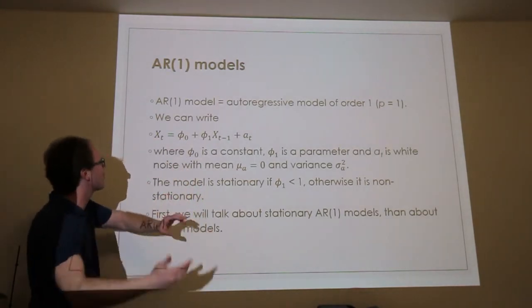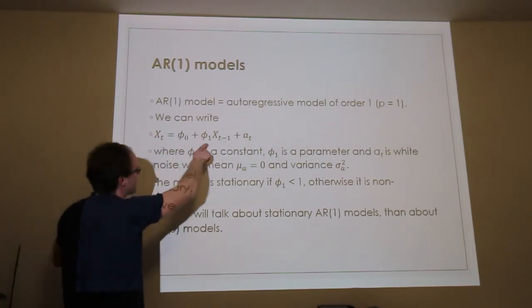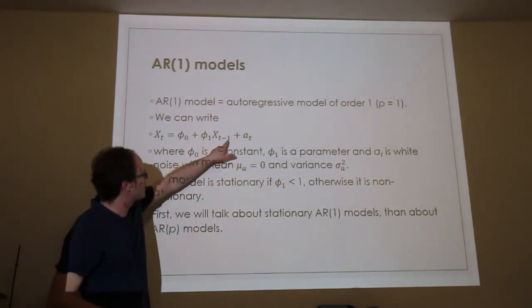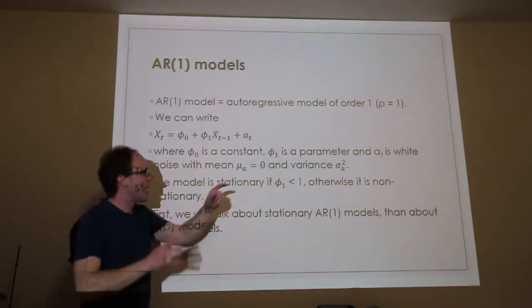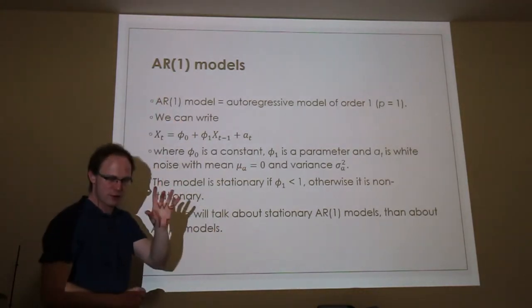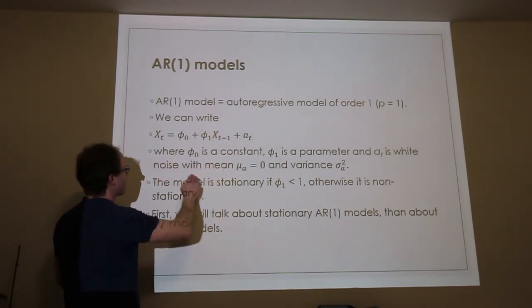The most important for us is that x in time t is equal to phi 1 x in time t minus 1 plus a t. So this is the autoregressive model of the first order.